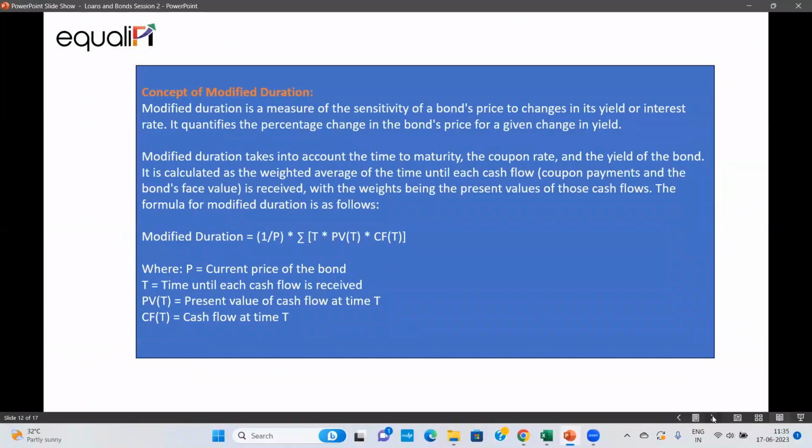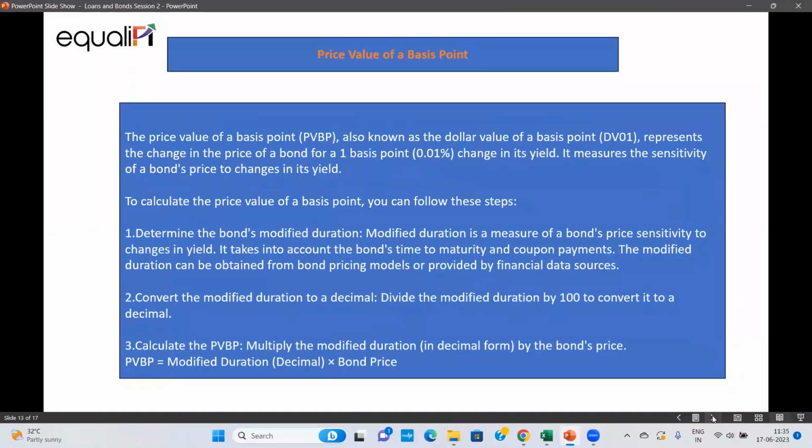So how do I find it out? How come it is 39.5?